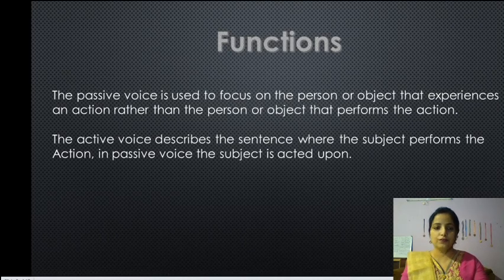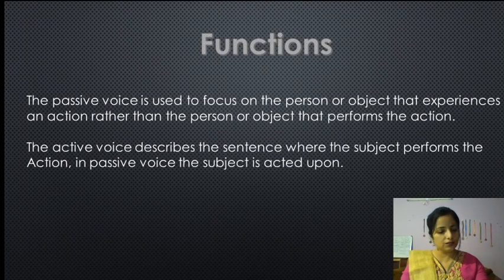First of all, the functions. The passive voice is used to focus on the person or object that experiences an action rather than the person or object that performs the action. Extremely important.